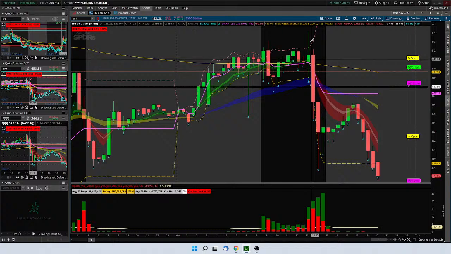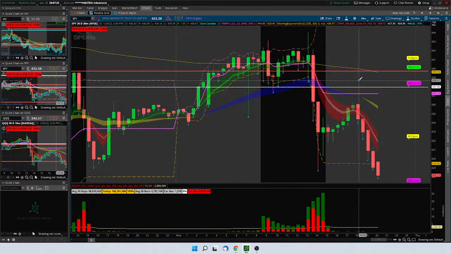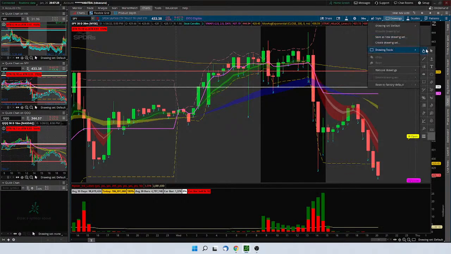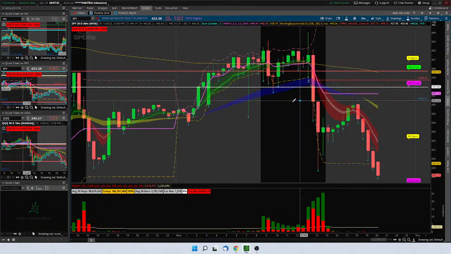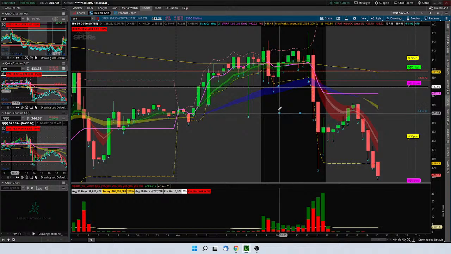The way you play the 3 is we didn't get a 1, we just immediately went to a 3-2 reversal. So we had the 3 entries at the bottom of the 3, and I'll draw that here. And then your target's going to be intraday targets when you're playing these.